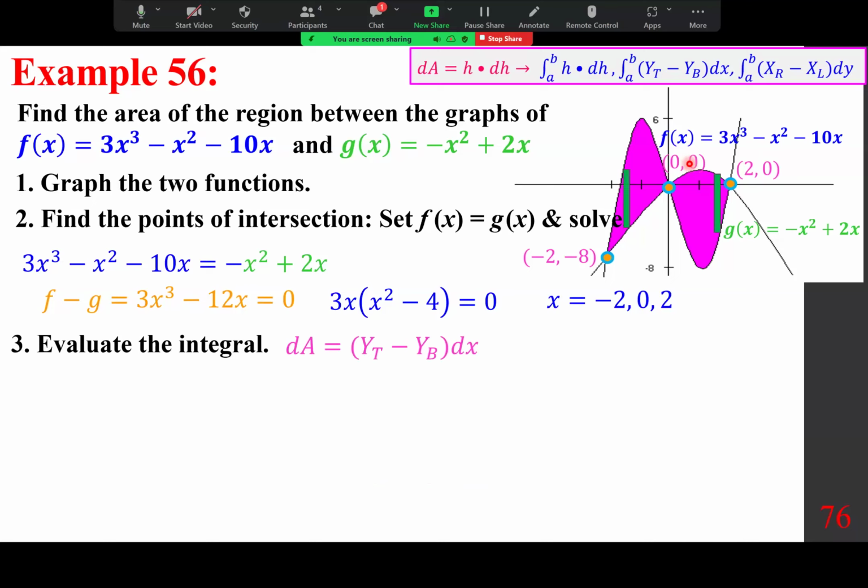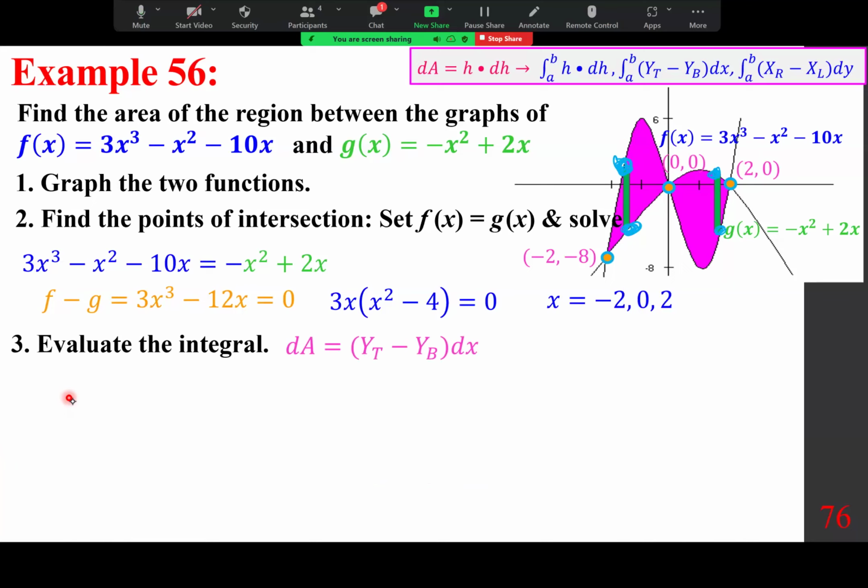And in this case, let me just use, let's see what color, okay, maybe this one does a good job. This is the top from the cube function, this is the bottom, but this one, the top from the parabola, this one, the bottom from the cube function.